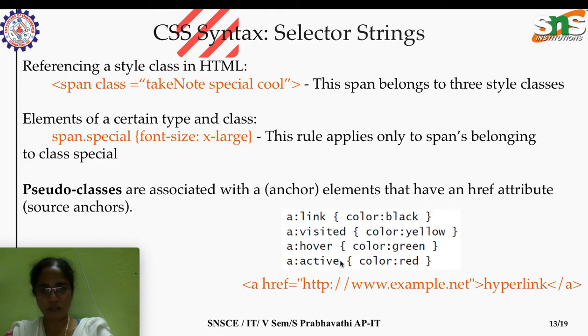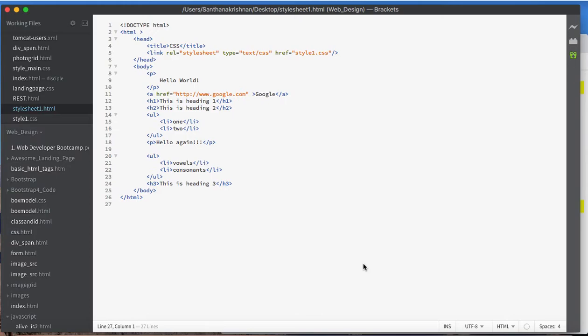I'll take you to a demo. See here I have some HTML content displayed. Don't bother about these things, we will concentrate on this element alone. A reference google.com, the hyperlink is google, and it's taking me to google.com.